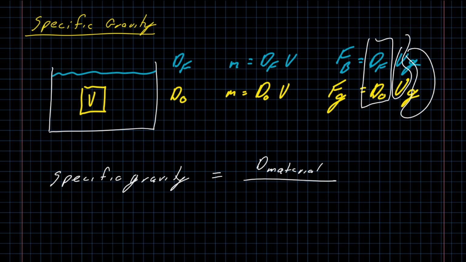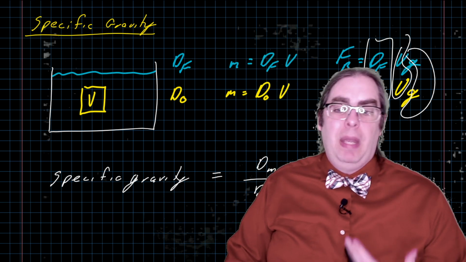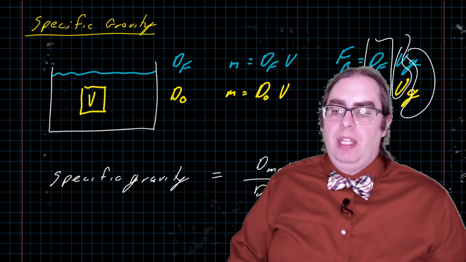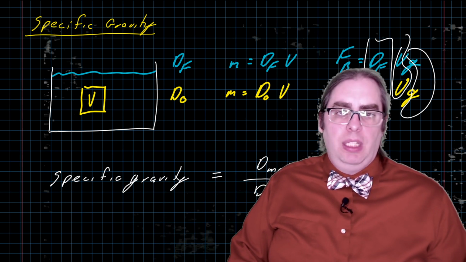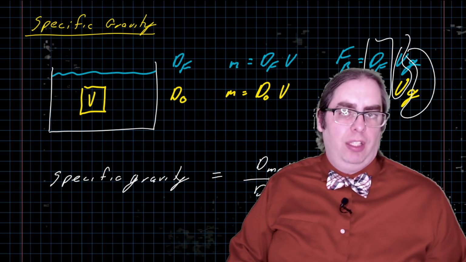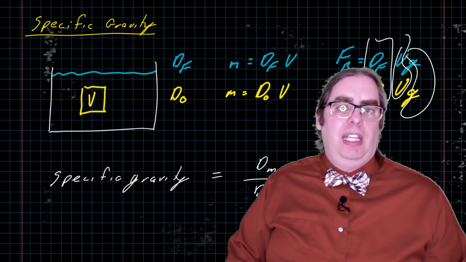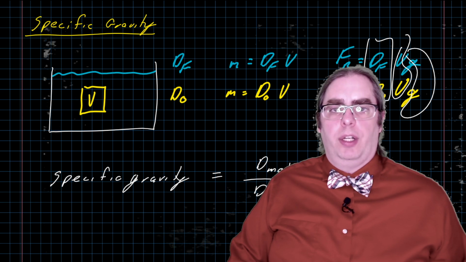So the density of the material divided by the density of water. And really, this is just a unit conversion. The way that I tend to think about specific gravity is that it is measuring the density in units of the density of water. A specific gravity of 1 is an object that has an equal density to water. A specific gravity of 2 means that its density is twice the density of water.